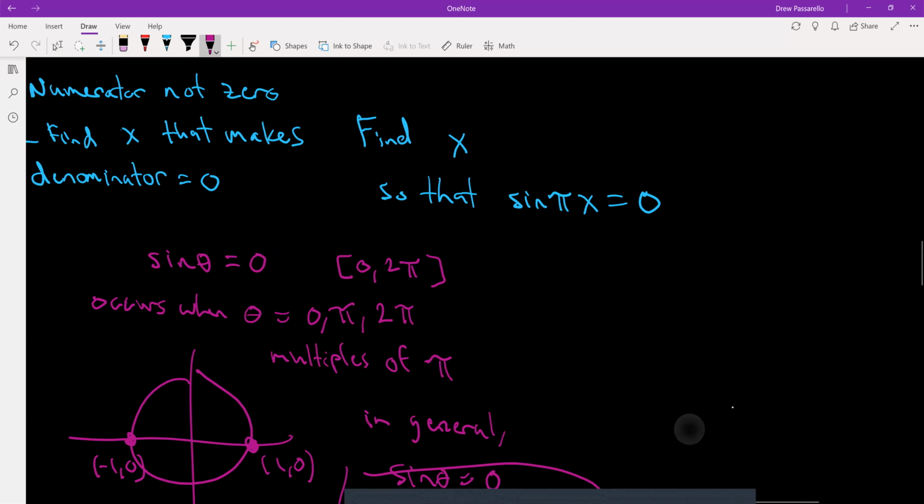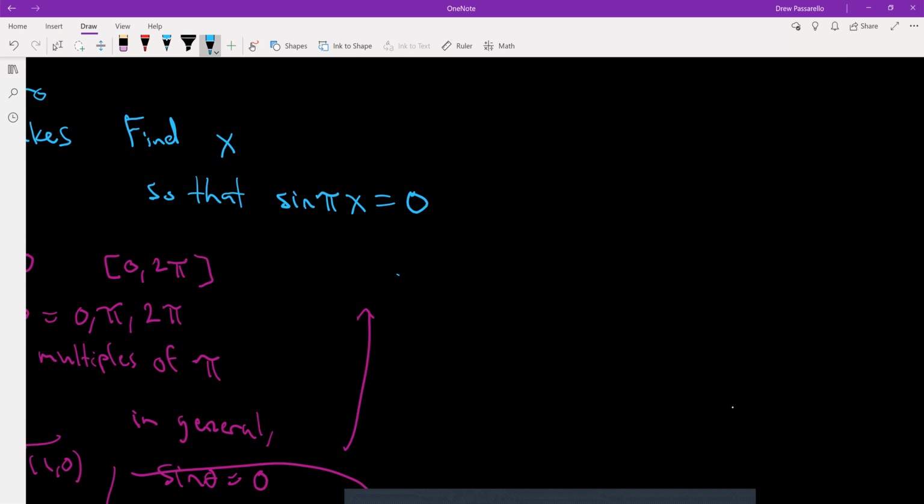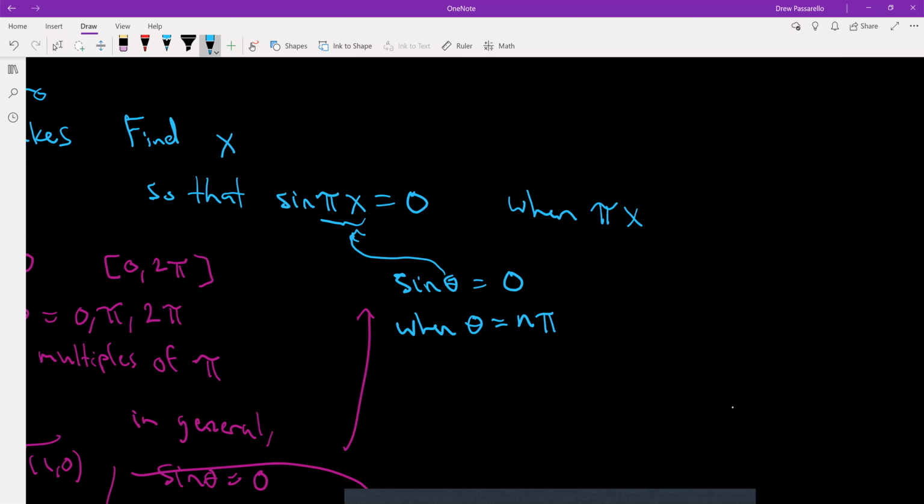So applying this up here, I'll rewrite it. Sine of theta equals 0 when theta is n times pi. In this case, I'm using theta in the place of pi times x. So sine of pi x equals 0 when pi times x, like our theta, equals n times pi.